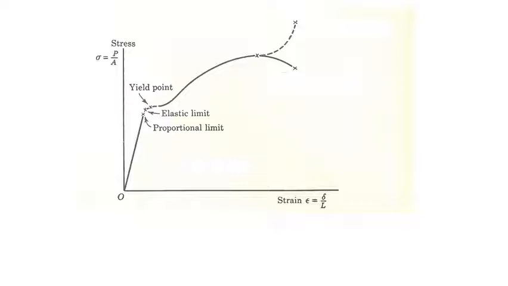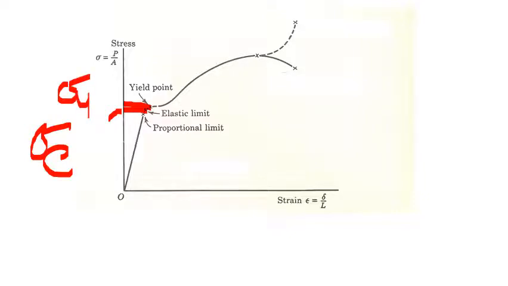So you can calculate the proportional elastic strength corresponding to this one. This is what we see, sigma E. And we can calculate the yield point, that is sigma Y, according to whatever point you get. If you drop down, easily you can find out the yield stress at that point.